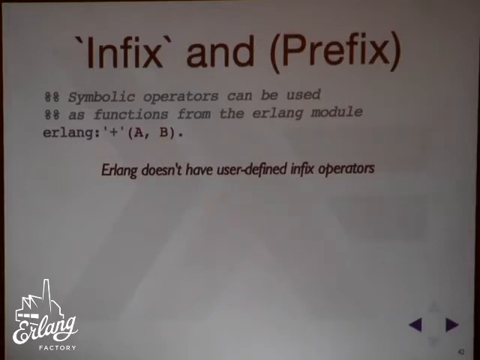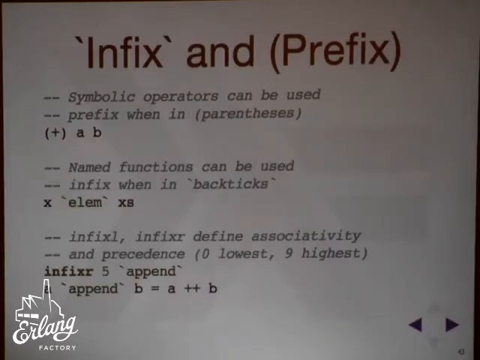And another big difference is that in Haskell, you can define your own infix or prefix operators. So the closest thing that Erlang has is that in the erlang module, you have all the operators available as functions. But it doesn't have user-defined infix operators. You can't write your own function and then use it as an infix operator. But in Haskell, that happens all the time.